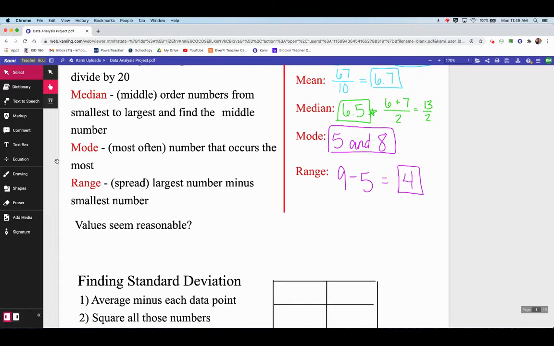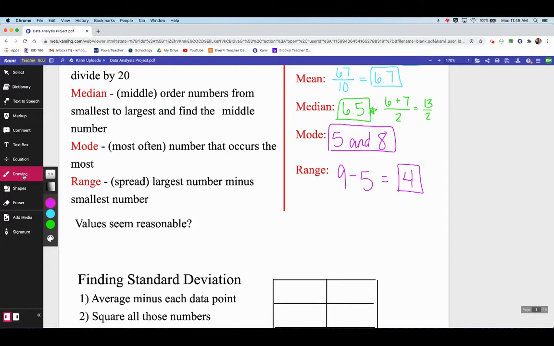If you think about it, let's just say your average age was a 17-year-old, then my average grade should probably be 11th or 12th, because that's where you are at that age. They're asking, does that seem reasonable? Give a little bit of an explanation to that.